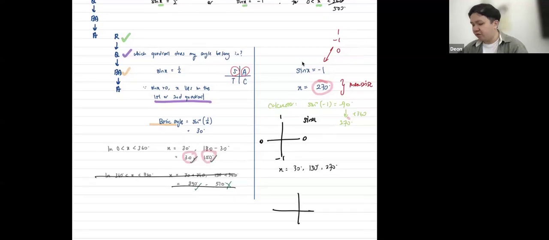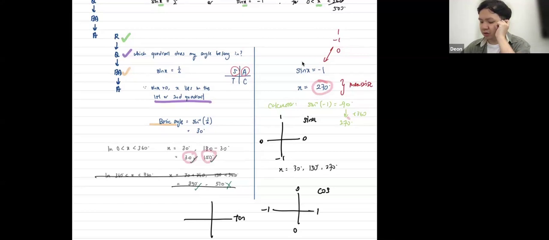For cosine it is 1, 0, -1, 0. For tangent it is 0, infinity, 0, infinity. Still, you can use your calculator, you don't need to memorize. If you memorize, it's faster. That's all.